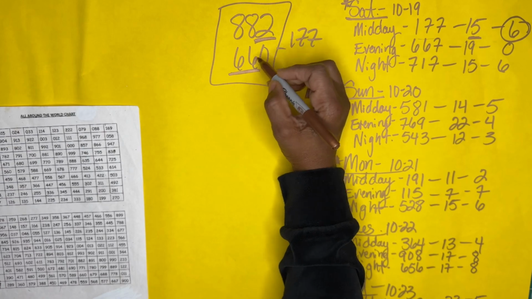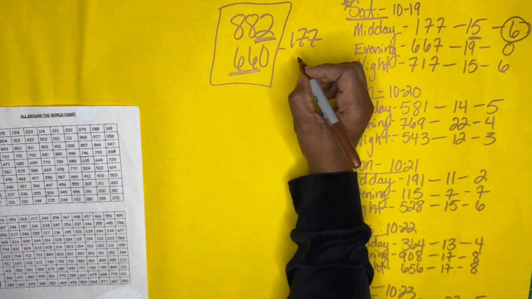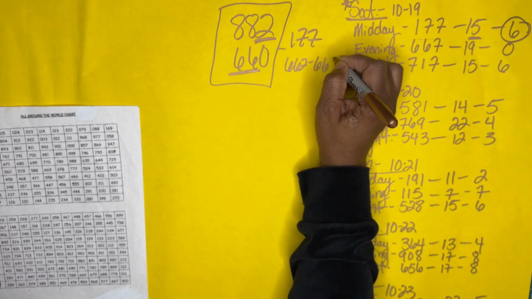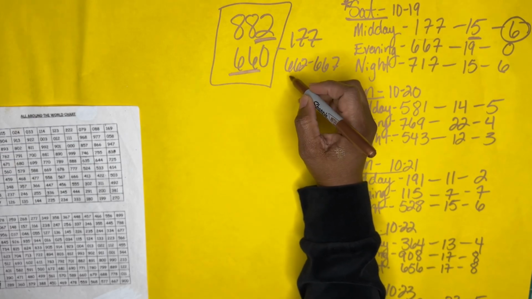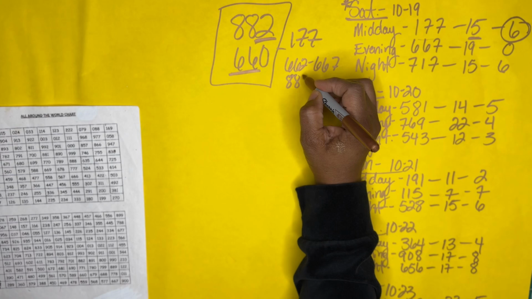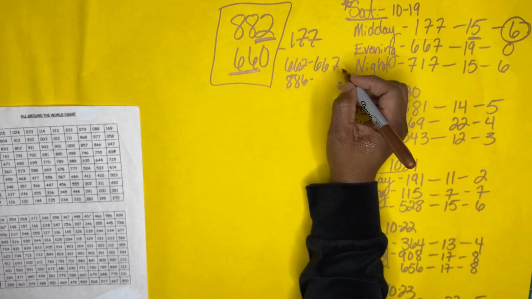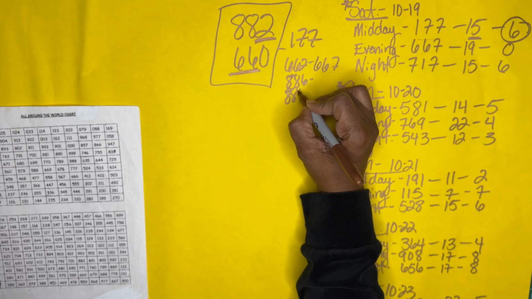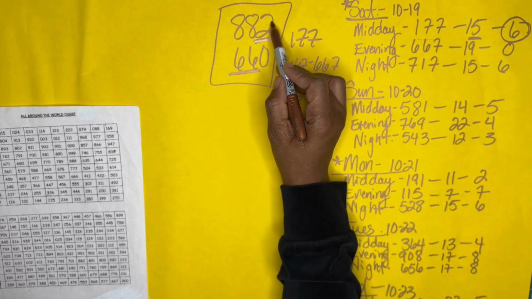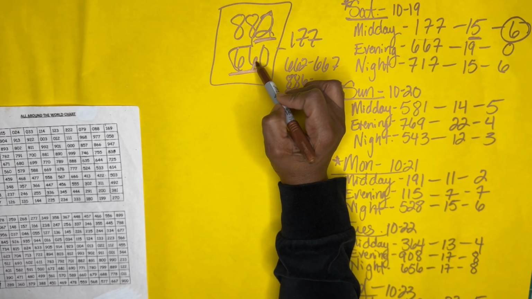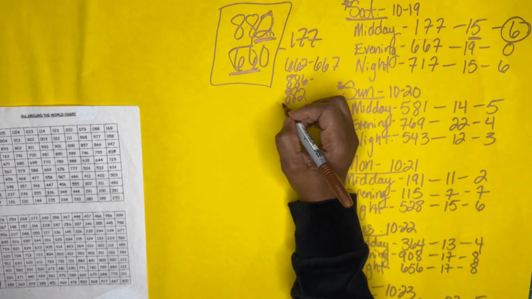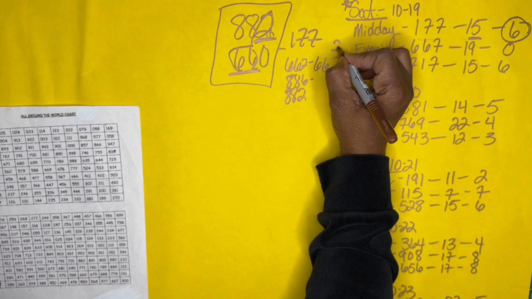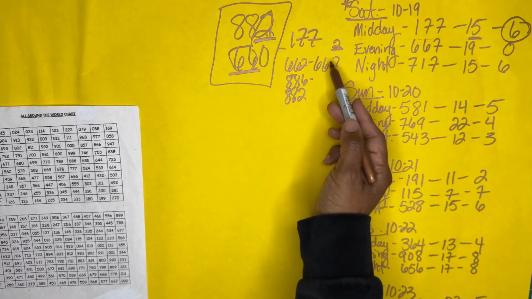I would have written 662 and 667, or 886, or 882 like it is there. But the next number was 667, so they changed that 2 to a 7. I would have done either one of those.